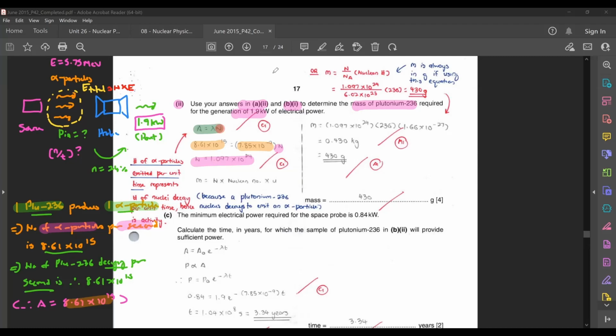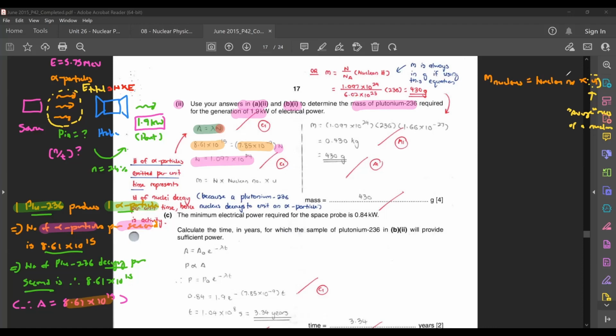So once you have the number of plutonium nuclei, you want to get the mass of your sample. In particle physics, it was already mentioned before that if you're interested in finding the mass of a nucleus, you just take the nucleon number multiplied with u, because u is actually the average mass of a nucleon.